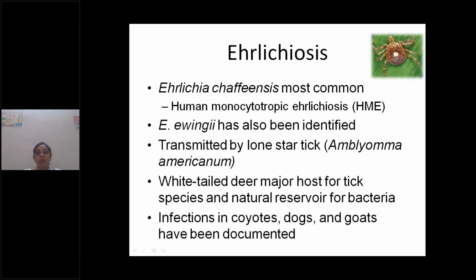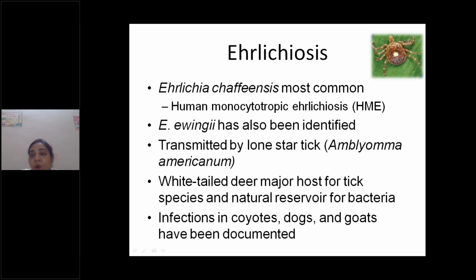Ehrlichiosis. Ehrlichia chaffeensis is the most common one, which causes human monocytotropic ehrlichiosis. Ehrlichia ewingii has also been identified. This ehrlichiosis is usually transmitted by the Lone Star tick, scientific name Amblyomma americanum. See on the top, there is a picture of a tick.